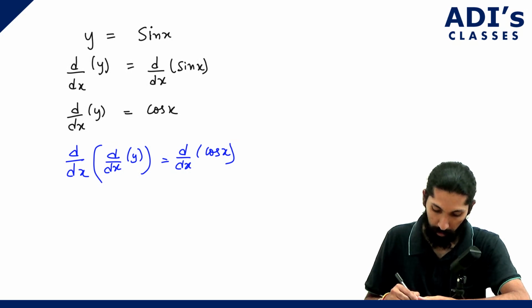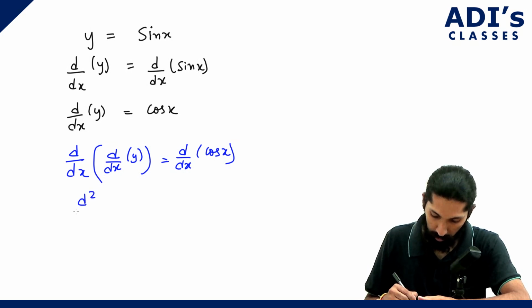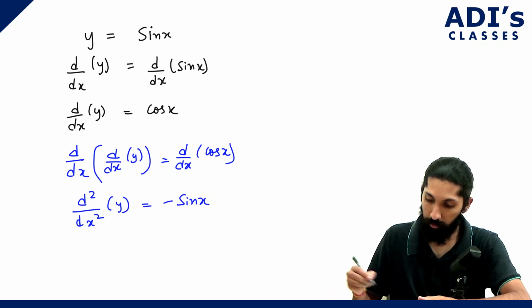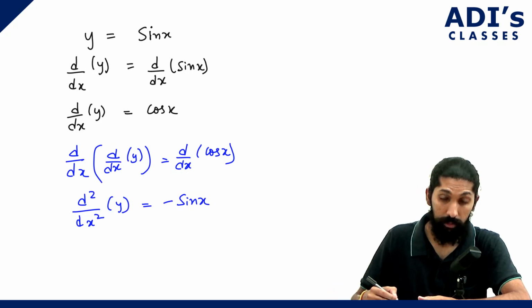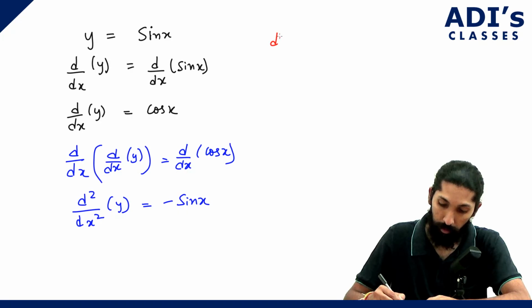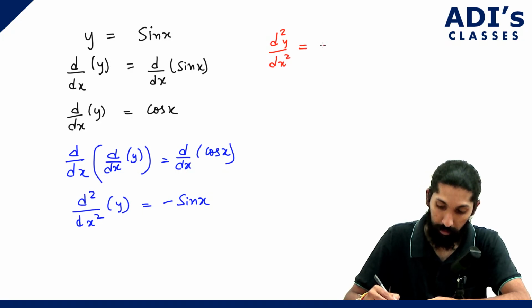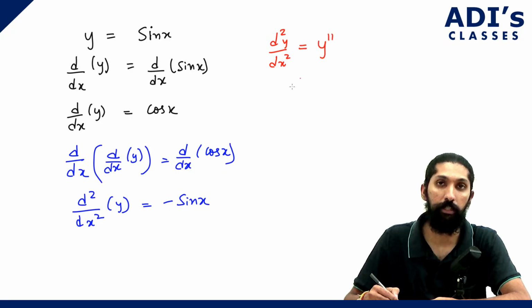So LHS becomes d square by dx square of y, which is minus sin x. Or in other words, we write this as d square y by dx square. Or this is the same as writing y double dash.